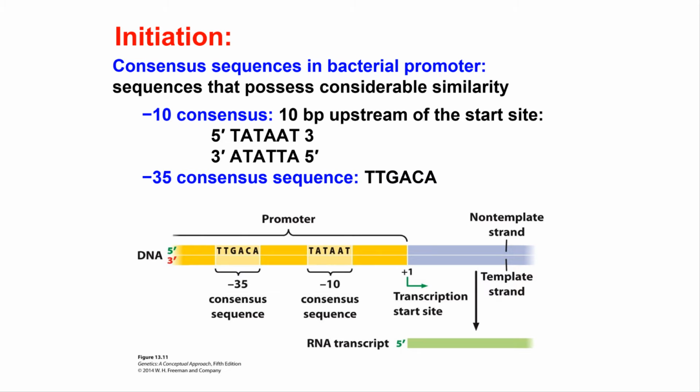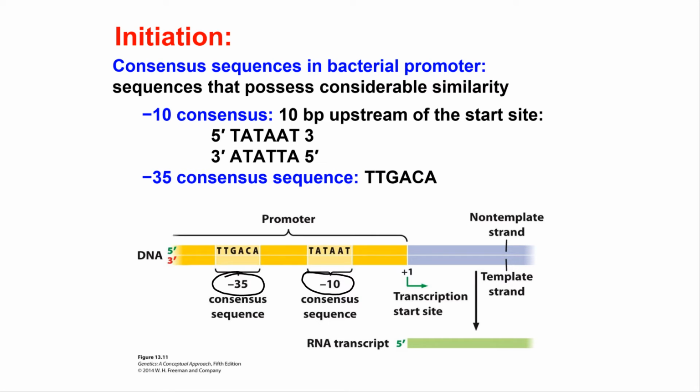You remember in bacteria we have only one RNA polymerase, and that polymerase recognizes consensus sequences: the -10 TATA box, which sometimes you can find under the name of Pribnow box, and the -35 consensus sequence.